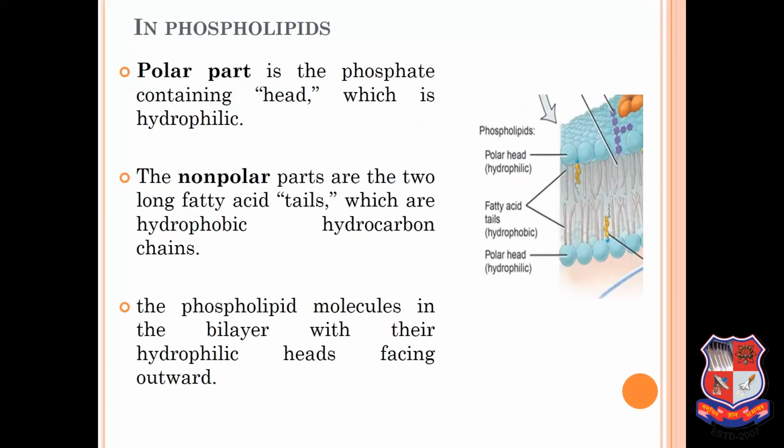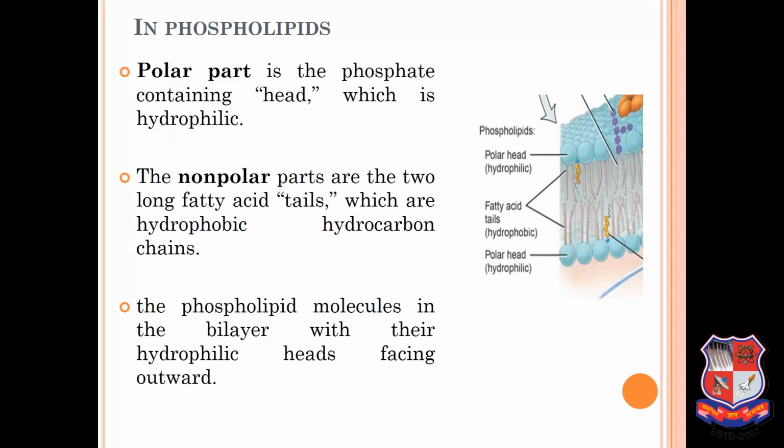Now we will discuss the first lipid, which is phospholipid. In the last slide we said that lipid is an amphipathic molecule, and amphipathic means it contains both polar and non-polar parts. The polar part is the phosphate-containing head, which is hydrophilic.